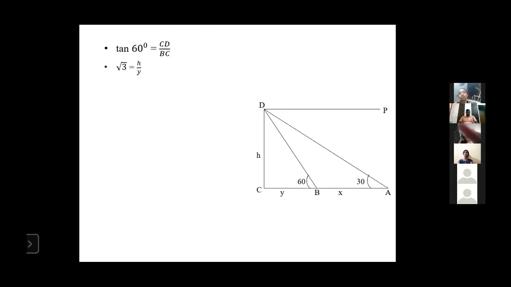CD length is h and BC length is y. Root 3 is equal to h by y. Now send this y, which is the denominator, to the LHS, and it becomes numerator. So h is equal to root 3 y.